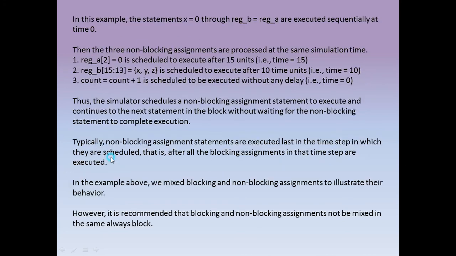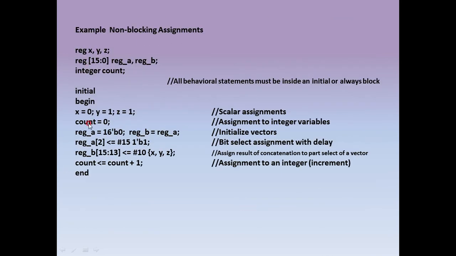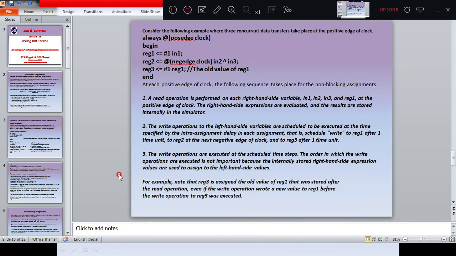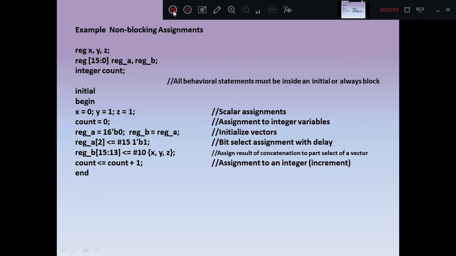How are these statements executed? x equal to 0 and register B assigned with register A are executed at time 0 in sequence, one after the other. Since these are non-blocking assignment statements, count also updates its value, count plus 1, at time 0.